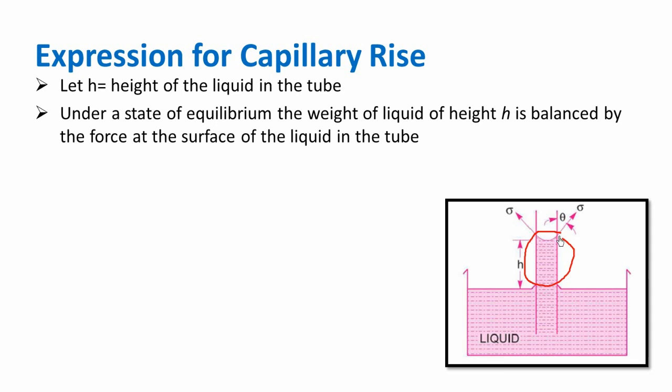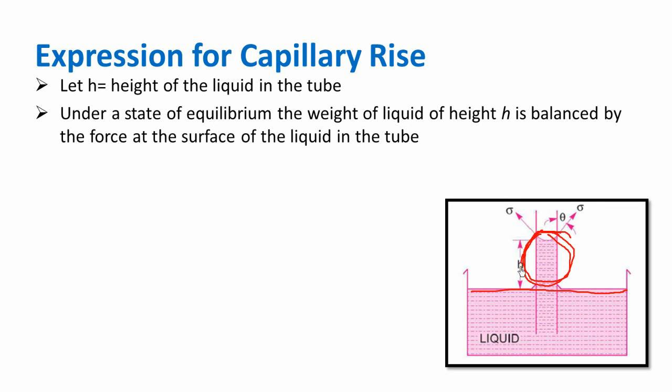At the previous stage, this was the liquid level, but with the insertion of the glass tube the liquid rises to a height in the tube. That means a non-equilibrium is created because of this height, and after some time it becomes equilibrium.